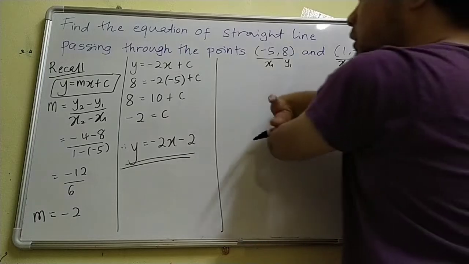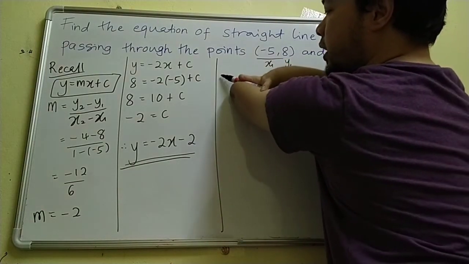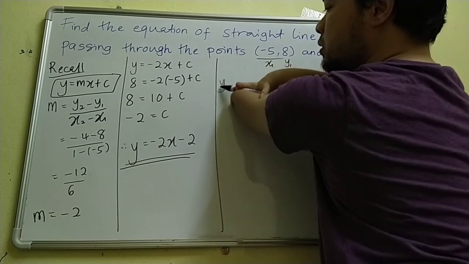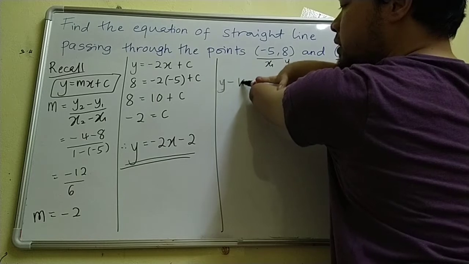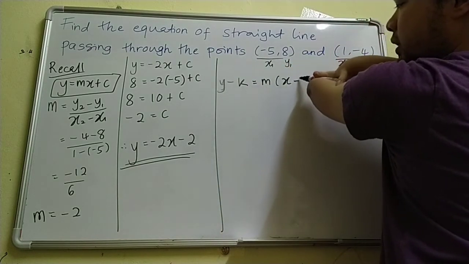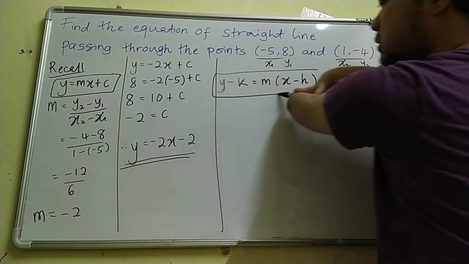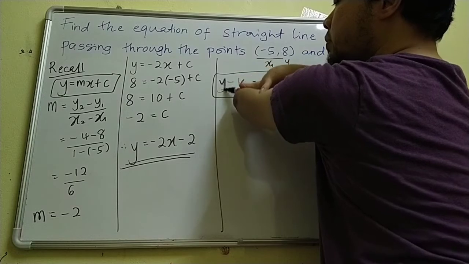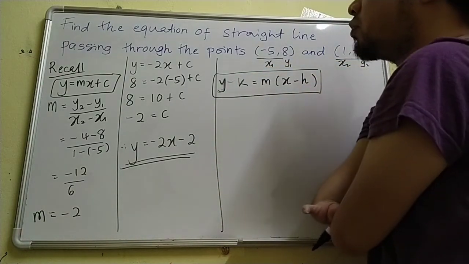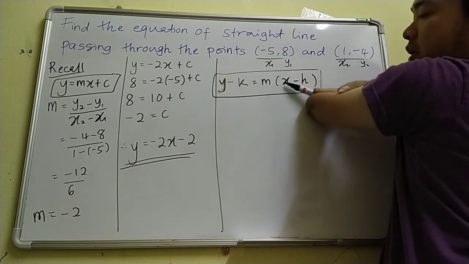So let's start with the formula first. The new formula that I am going to give you is y - k = m(x - h). Before I show you how to use this formula, you need to understand what this y, k, m, x, and h mean.